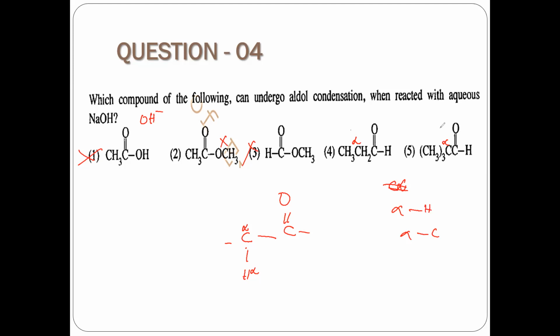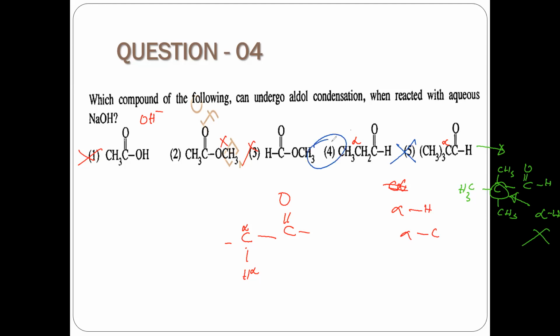What about the alpha hydrogen? When you take this group, I will write here, outside your COH, you will have this carbon with CH3, CH3, CH3. This carbon does not have an alpha hydrogen, so you can omit answer 5.